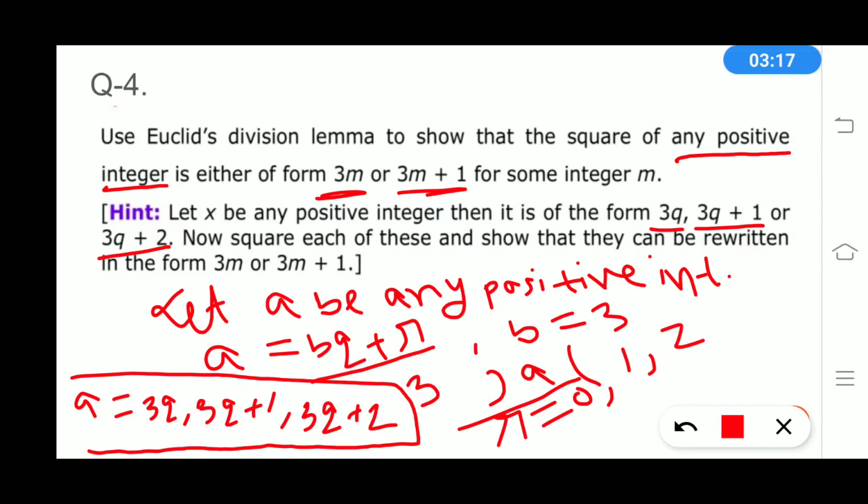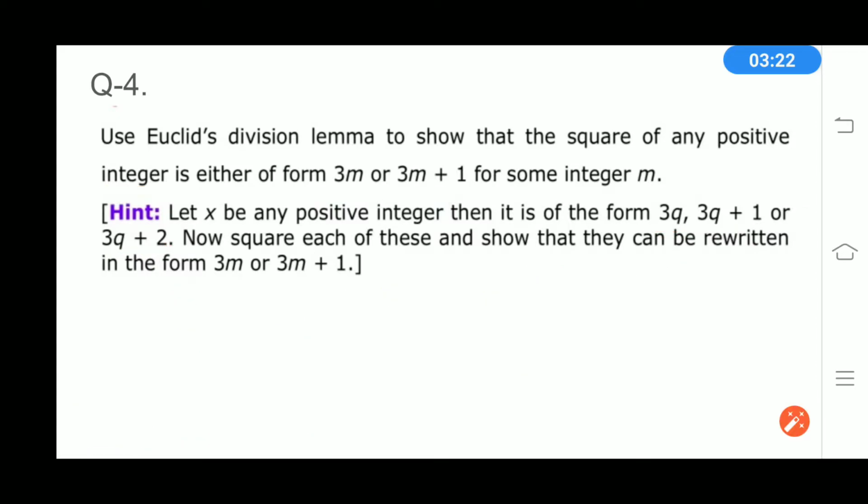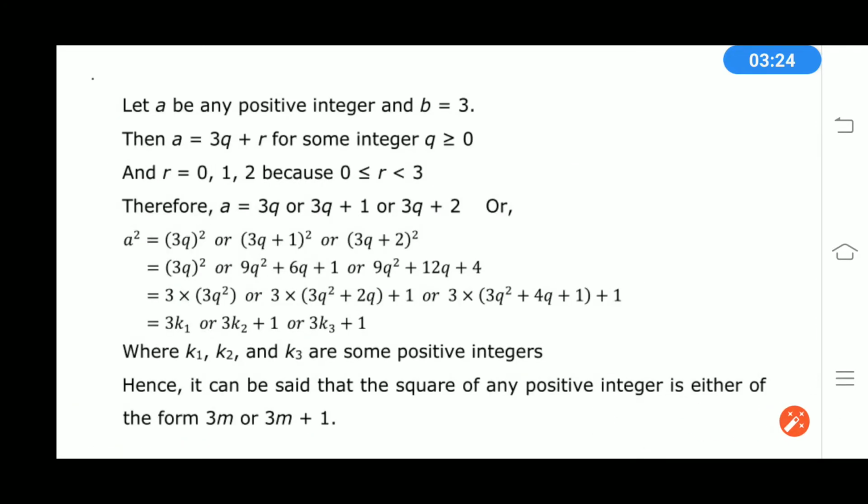Okay, I think everything is clear, the basic is clear. Now see the answer. So let a be a positive integer and we take b equals 3.